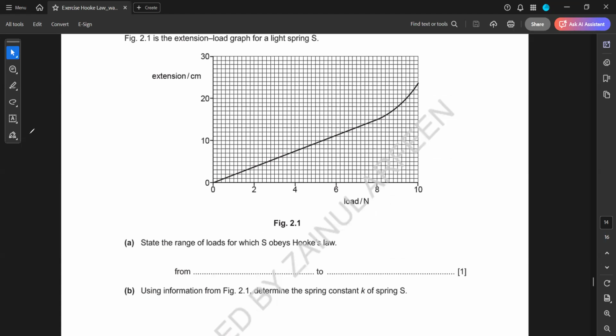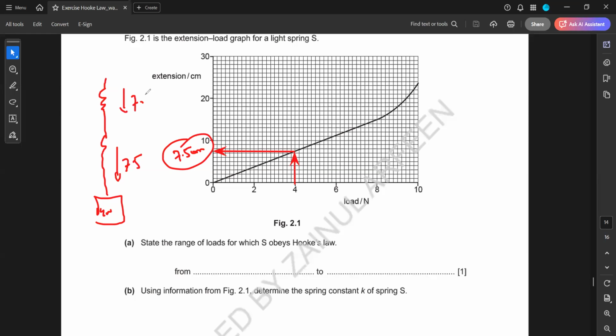So for a load of 4 newtons, we'll find the extension. This is about 7.5. So 7.5 centimeters extension for one spring. But as the two springs are attached end to end, with 4 newtons this increases by 7.5 and this also increases by 7.5.